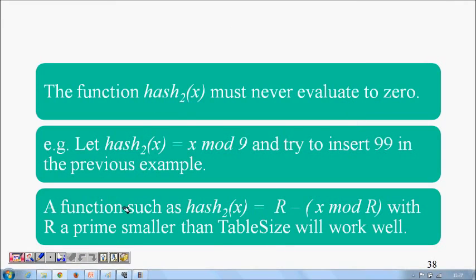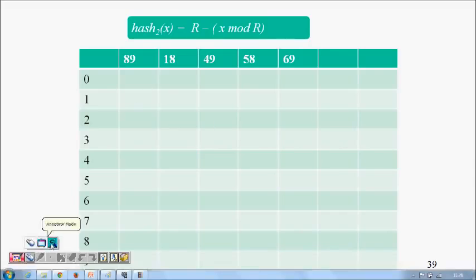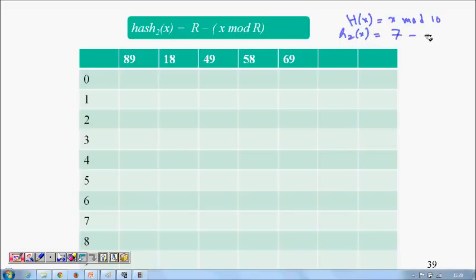Now here h(x) is x mod 10, and hash2(x) is 7 minus (x mod 7). We try to insert these items.